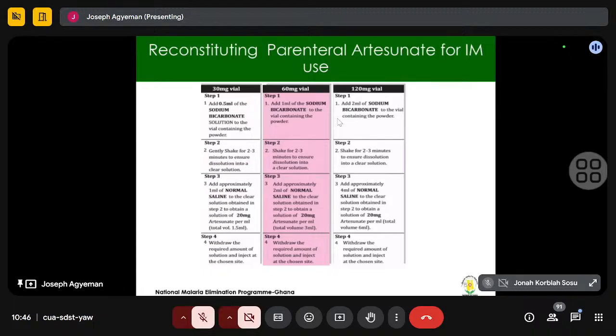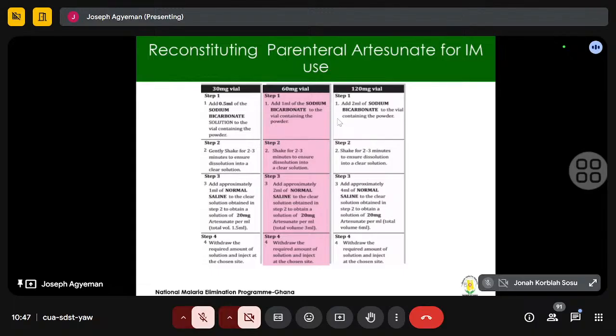And therefore, the first step is to create a sodium salt of the artesunic acid, which by basic solubility principles in chemistry, all sodium salts and all potassium salts are soluble in water. So we are taking that as an advantage by adding something that can introduce sodium to the artesunate, sodium bicarbonate, a base reacting with artesunic acid, an acid. At the end of the day, we produce sodium artesunate.